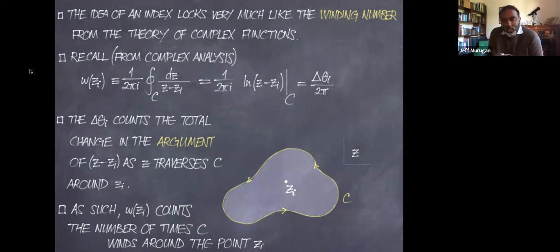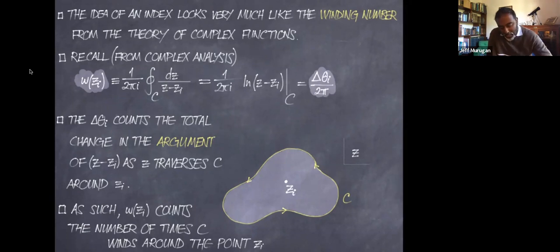Delta theta i counts the total change in the argument of z minus zi as we traverse C around the point zi. As such, this function w of zi, when I divide it by 2 pi, having done this integral, is counting the number of times the curve C winds around the point zi.